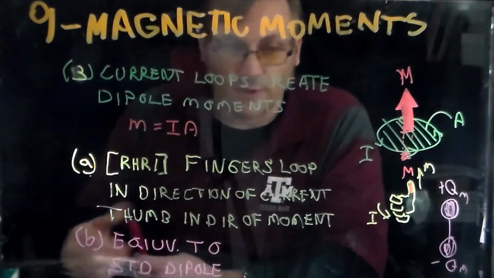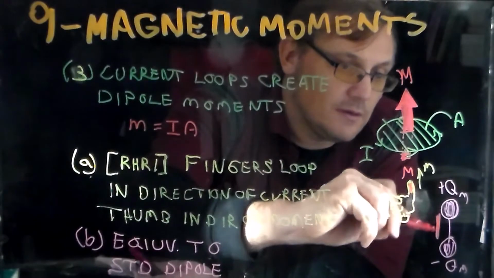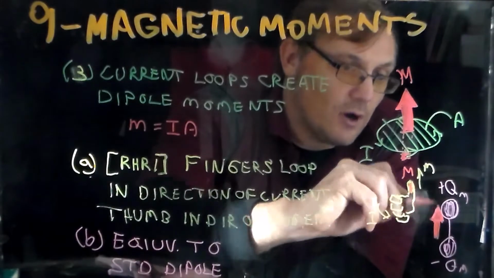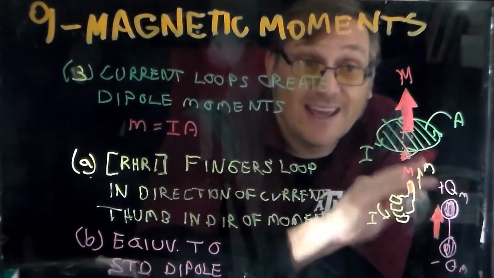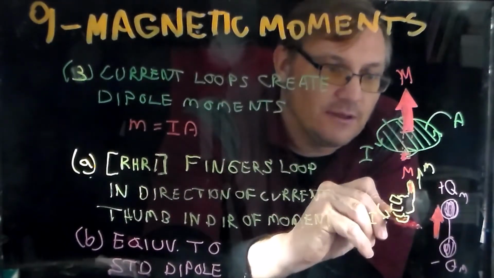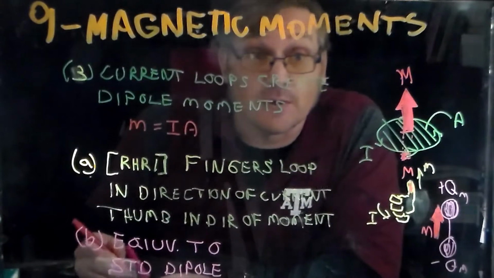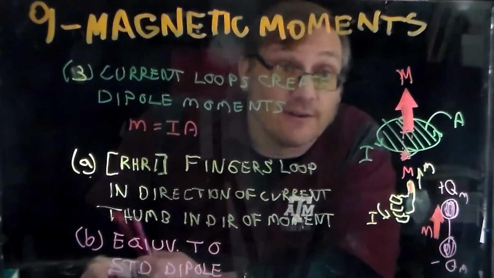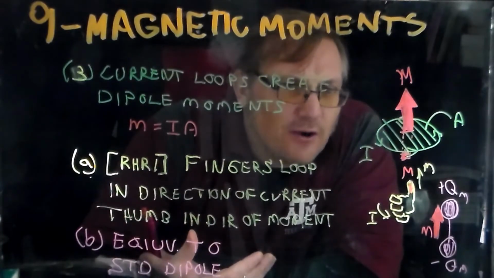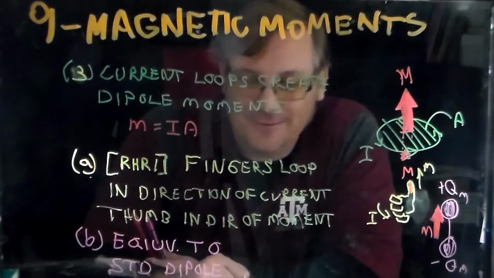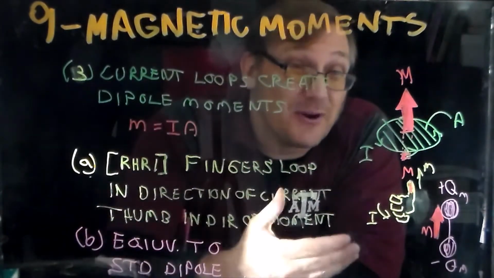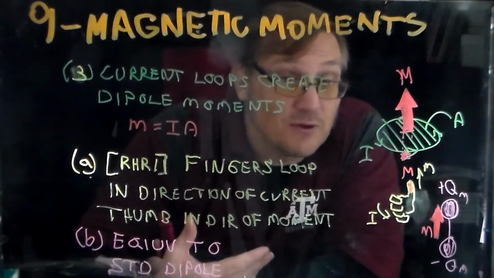And that gives us a dipole moment, just like we had for electric fields. Now, even though there aren't any actual charges like this, we can pretend we have those charges. It'll make some calculations easier, like how much force do you have on that thing. With a little bit of vector calculus, you don't need this approximation, but if you don't have it, then this is something that's really, really useful.